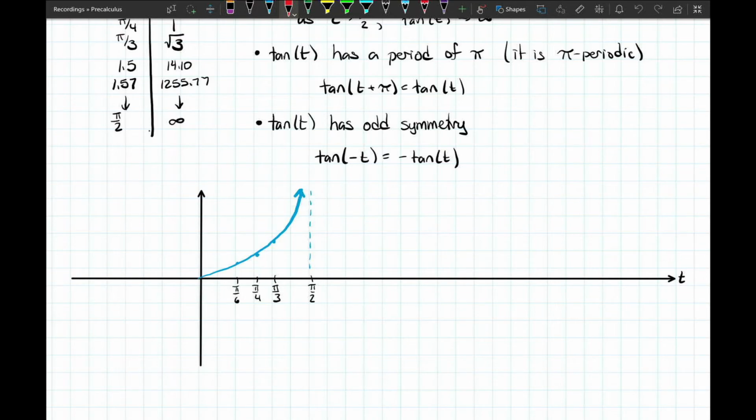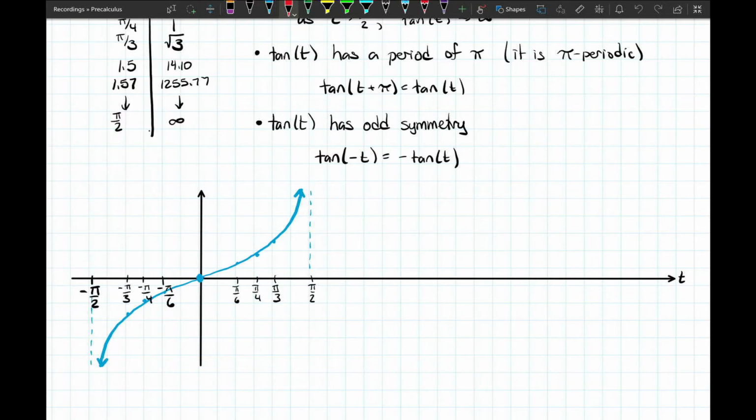All right, well, using some symmetry here, if we have odd symmetry, then that means that if we reflect our graph over the vertical axis, it's equivalent to flipping over the horizontal axis. And we would have to have symmetry through the origin then. So that means you can see that we have a graph that continues straight through the origin and actually tends in the opposite direction on the negative side of the t-axis.